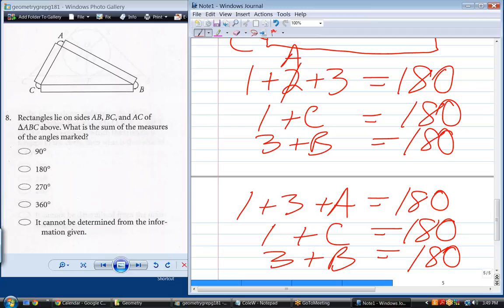I don't want to spend all of our time seeing if we can solve this, but I'm inclined to go with that, but I'm not positive. That might not be the correct answer. What could be the correct answer? 360 seems to me to be what I believe is going to be the correct answer. Hold on a moment.